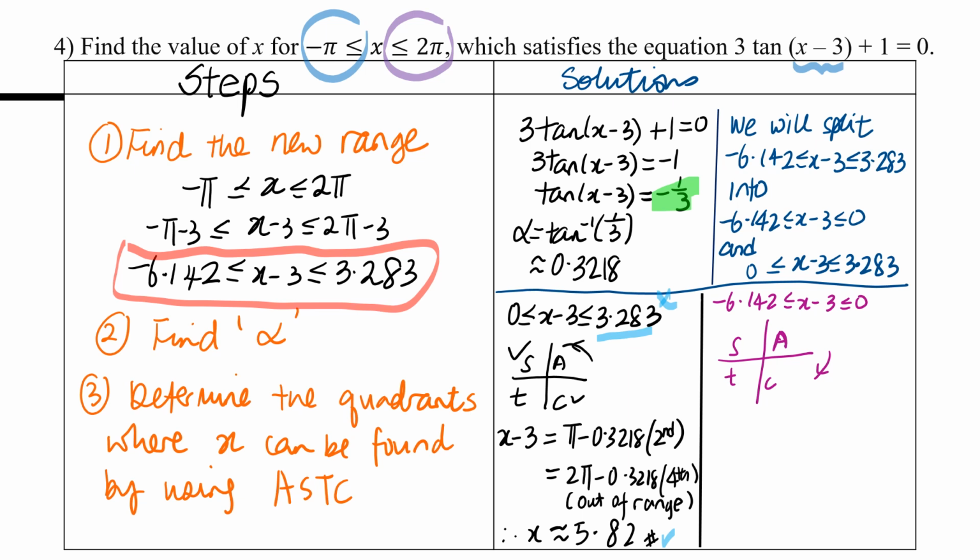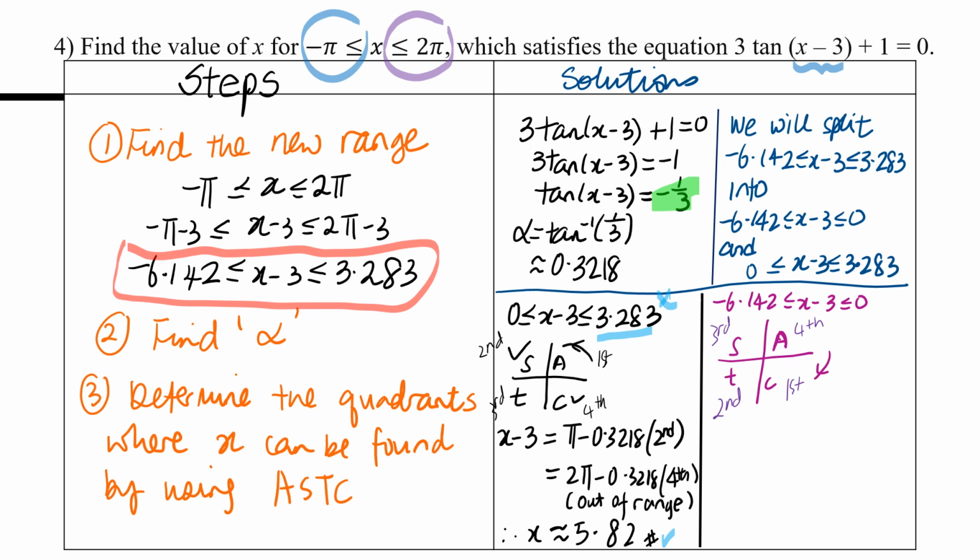Let me show you the difference. This is your first, this is your second, this is your third, and this is your fourth. But if you're talking about angle that's measured in the clockwise direction, this is your first, this is your second, third. Can you see the difference?